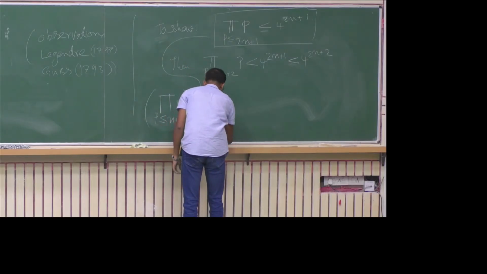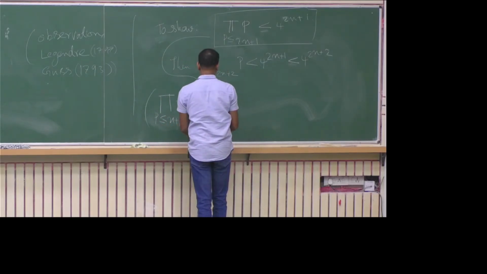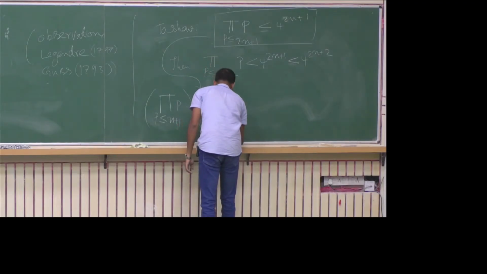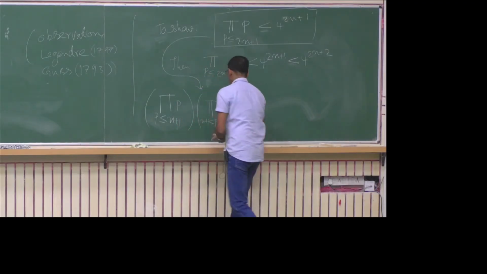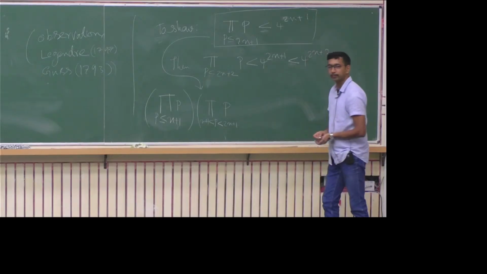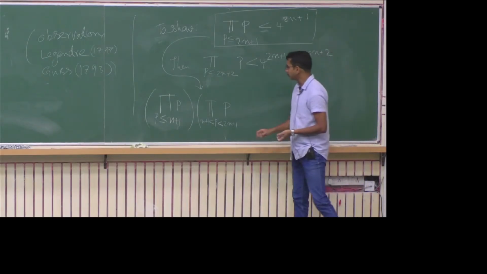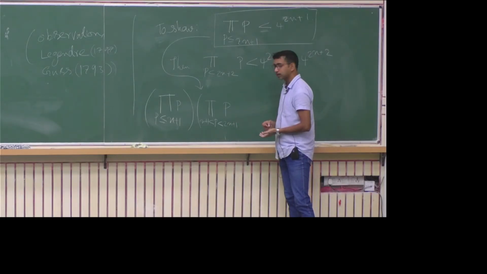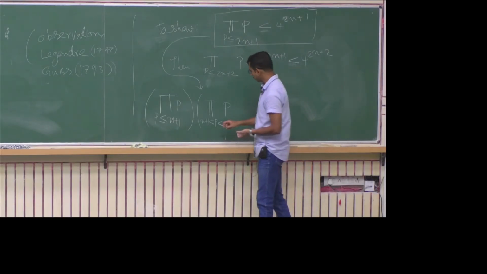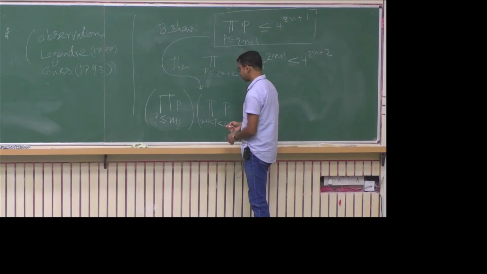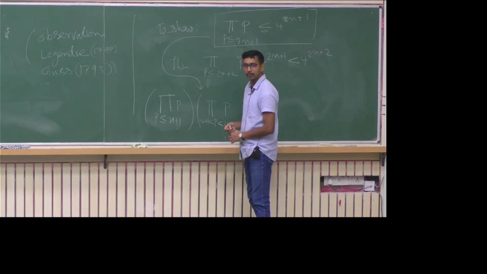So this is all the primes between n plus 1 and n plus 1, right? But the primes between n plus 1 and 2n plus 1 are actually also all the primes between n plus 1 and 2n plus 2 also. Right?